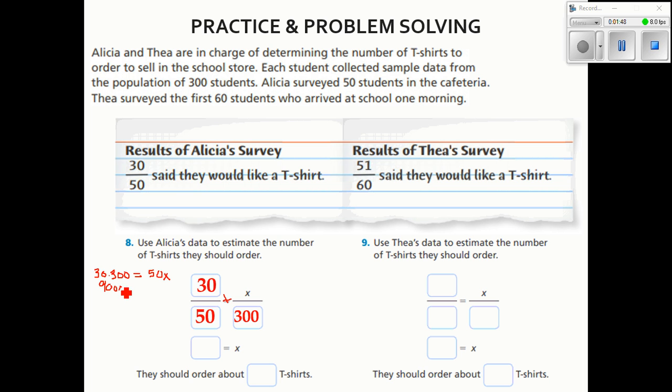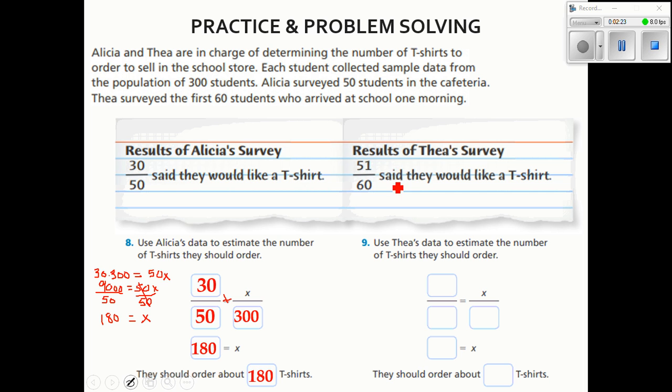Now that we have 9,000 equals 50x, I have to divide 50 away from x to get x by itself. Whatever I divide from one side of the equal sign, I divide from the other side. That gives me about 180. Let's see if I'm right. Very good, 180. So they should order about 180 t-shirts.